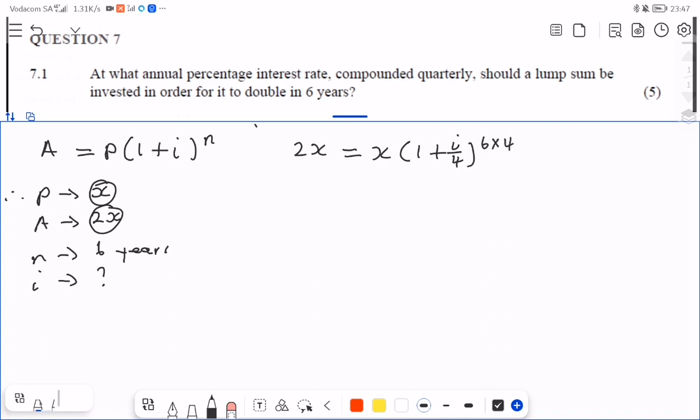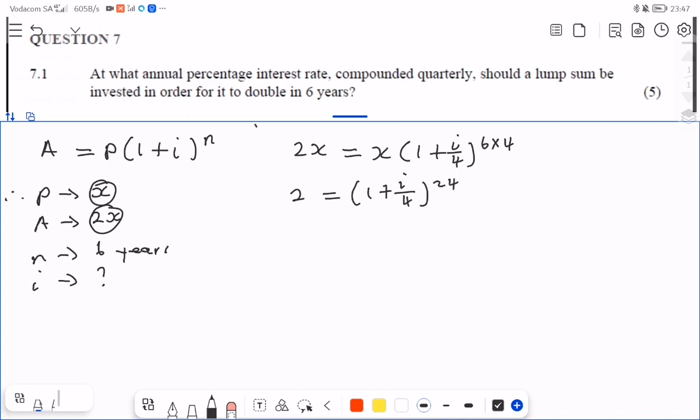Then I'm going to drop the x's, because you can see that on my left hand side I have x. When we divide both sides by x, we are left with 2 equal to (1 plus i divided by 4) to the power of 24.